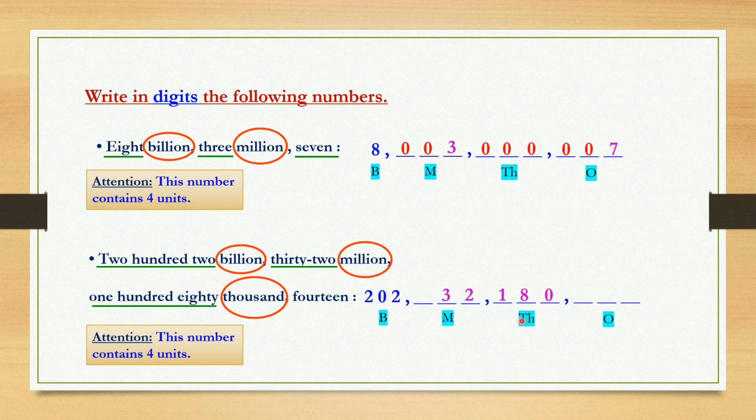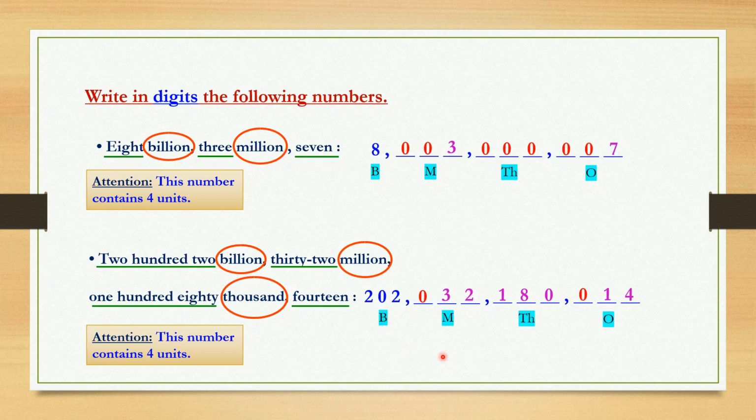This one is easy to fill. And in the ones unit, we have 14. 1 in the tens place and 4 in the ones place. We still have 2 more digits to fill. They are empty, so we fill them with 2 zeros. And my number is found.